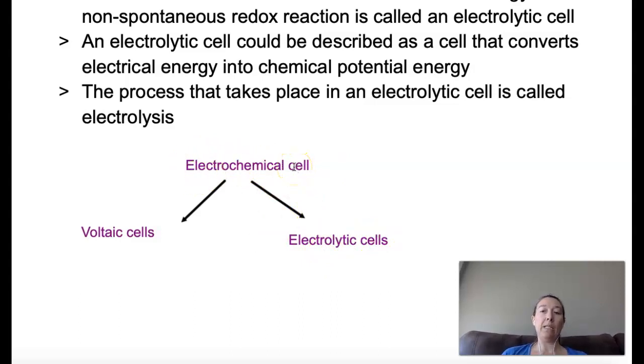So if it didn't specify what type of cell, really what you should be doing is find the SOA and the SRA. If you think about a voltaic, we said this was spontaneous. So that means my OA should be above my RA. Okay, but in the case of an electrolytic cell, we said it was non-spontaneous.